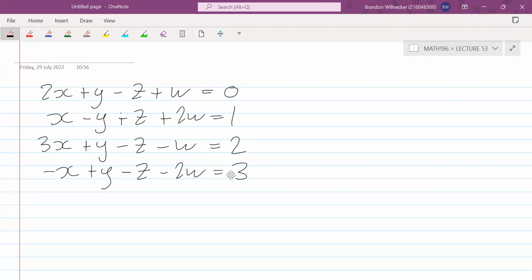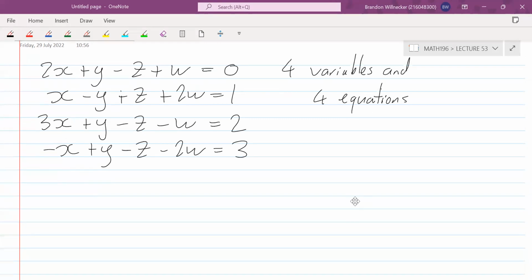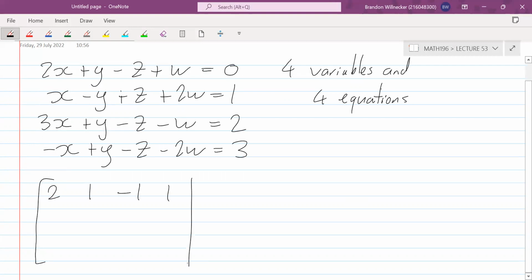So that's our system. Okay, so we write this as an augmented matrix. So we get 2, 1, minus 1, 1, and 0. 1, minus 1, 1, 2, and 1. 3, 1, minus 1, minus 1, and 2. Minus 1, 1, minus 1, minus 2, and 3.